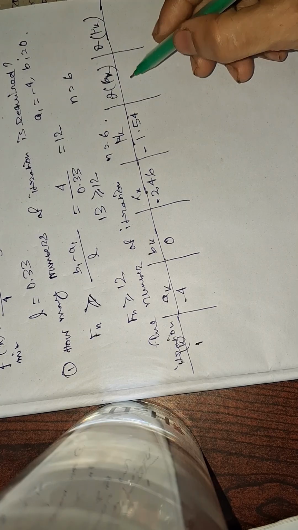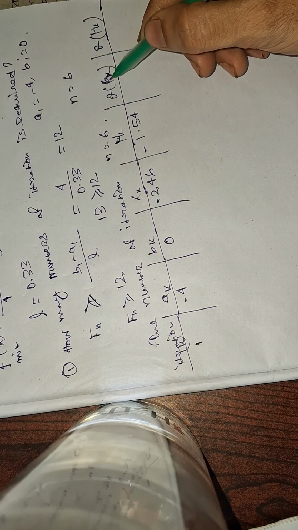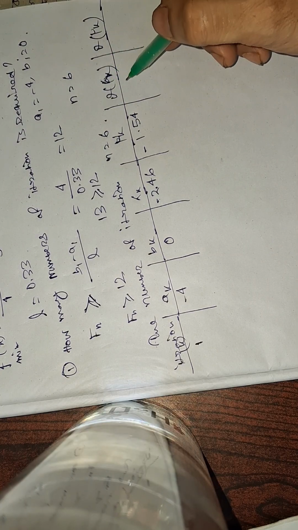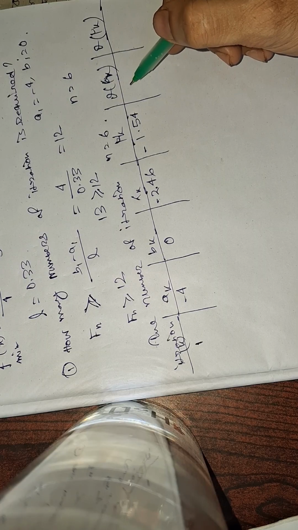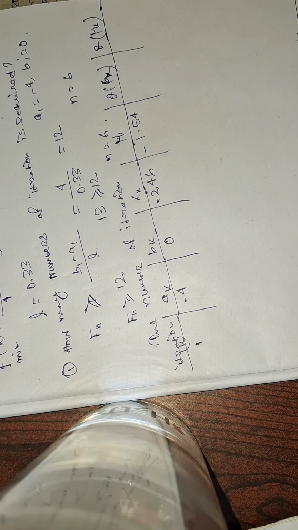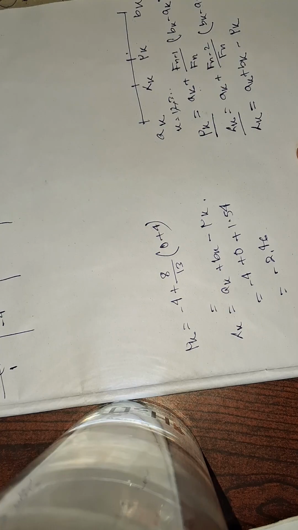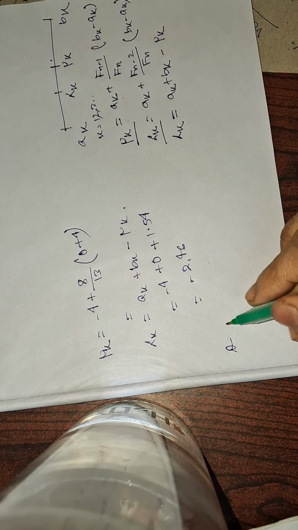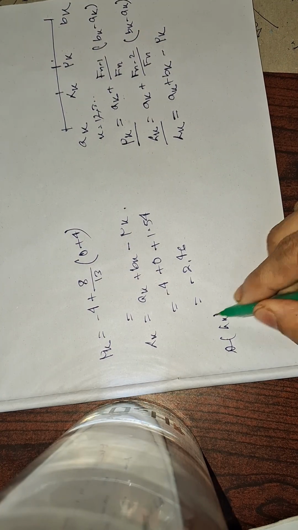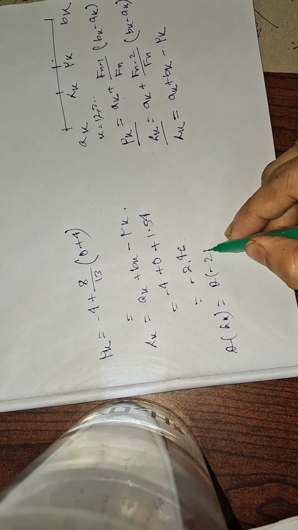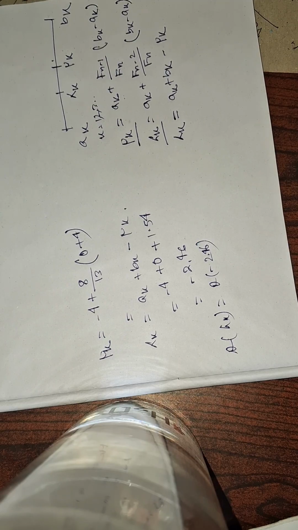And theta lambda k value, how can we find theta lambda k? Theta lambda k is equal to theta of minus 2.46. This is the functional value.